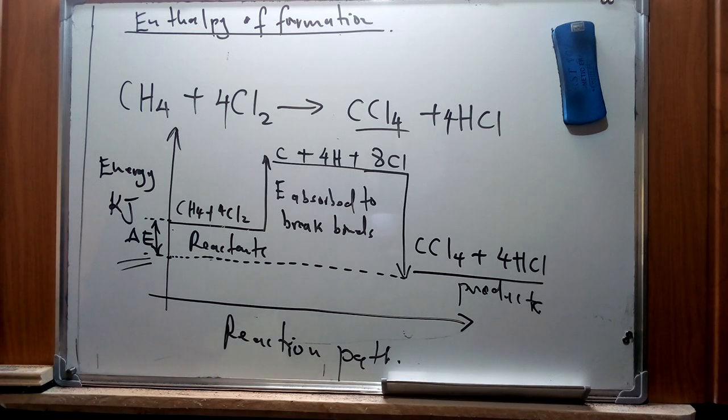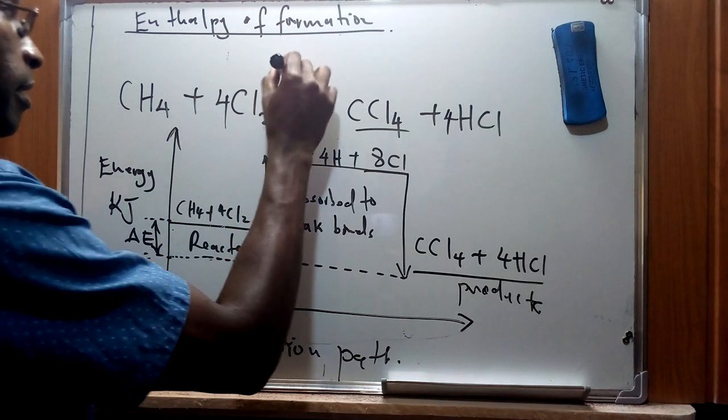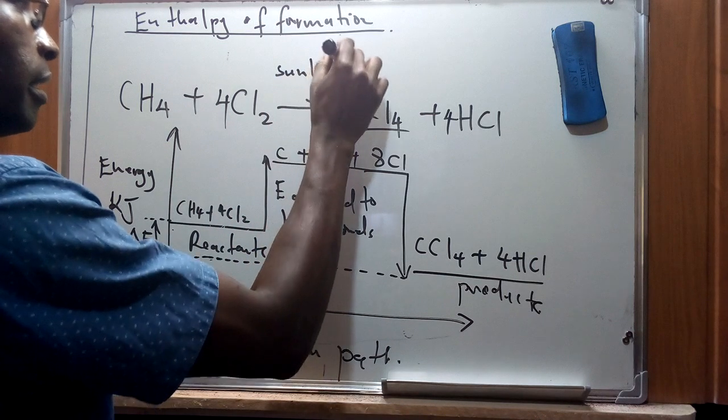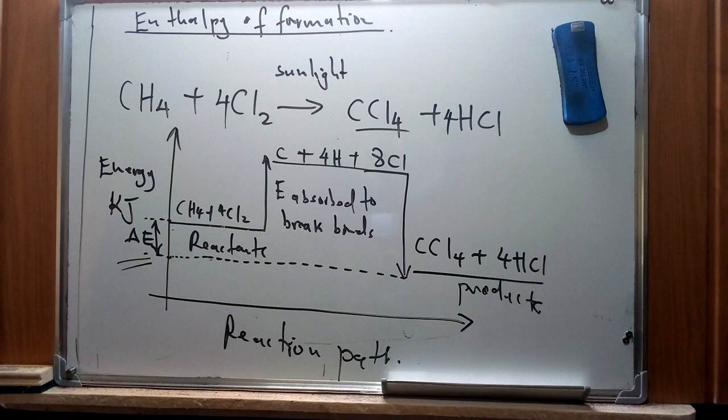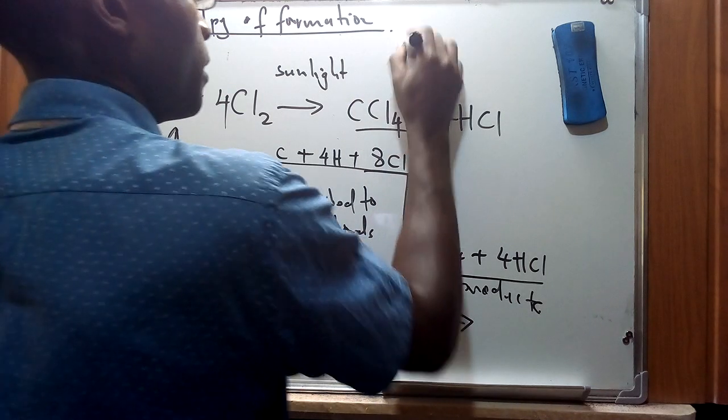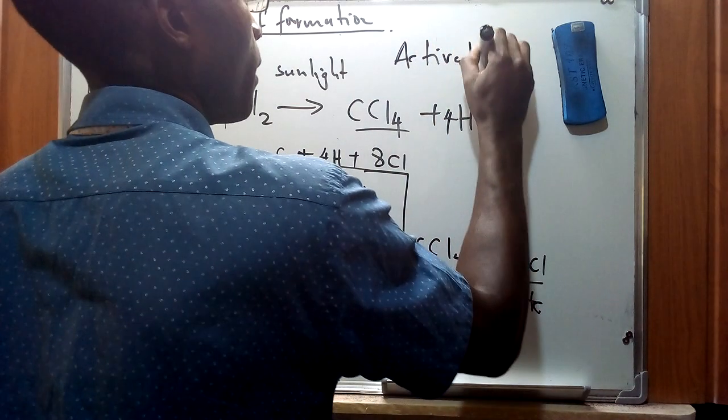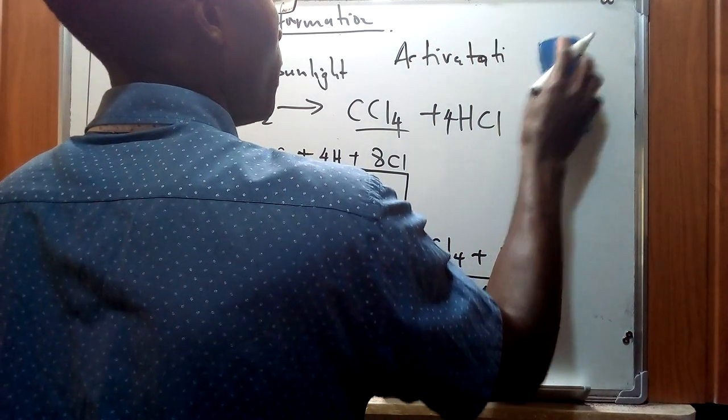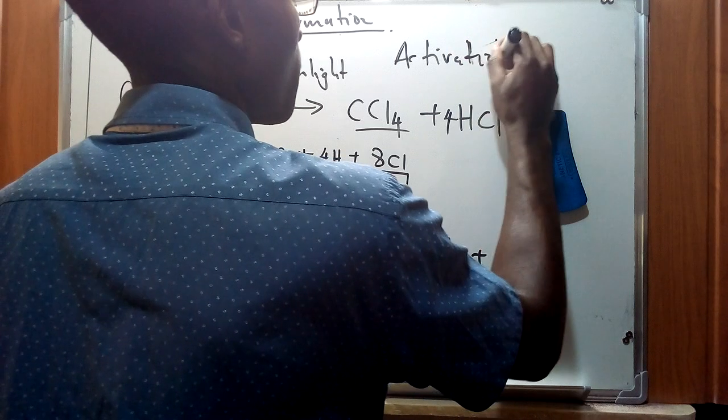Now, as we mentioned, the reaction which is taking place like this, that involve the concept of sunlight, or maybe taking another form of energy into the system to initiate the process, that kind of energy is referred to as activation energy.